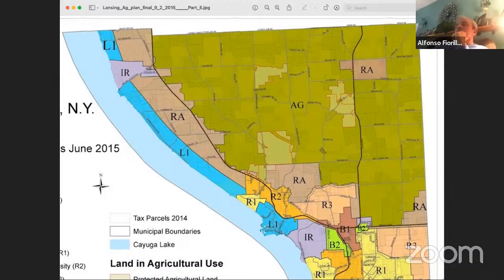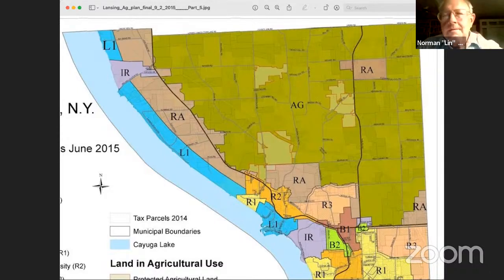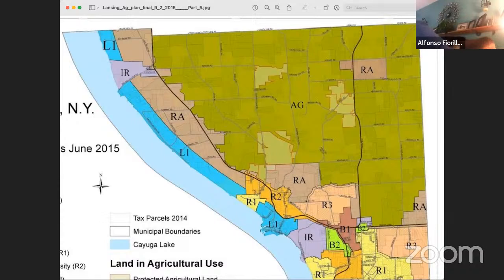But how would you, what would the oversight be, Dean, on that? I don't understand. That would be anytime somebody wants to subdivide anything, there would have to be drainage plan considerations in there. That would look at lands not on the subject site, but the neighboring site.